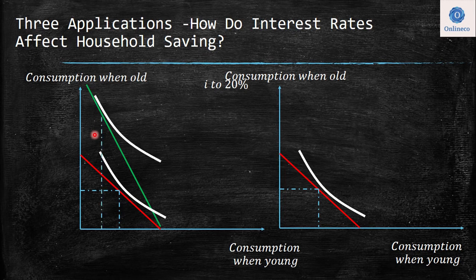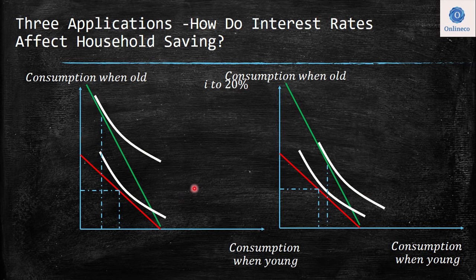Because instead of 110, you will have 120,000. So this is the same situation. Here, naturally, you will have the green one, which is the expansion of your budget constraint due to the increase of the interest rate, which is kind of a decrease of the price, right? So here, this is the situation.